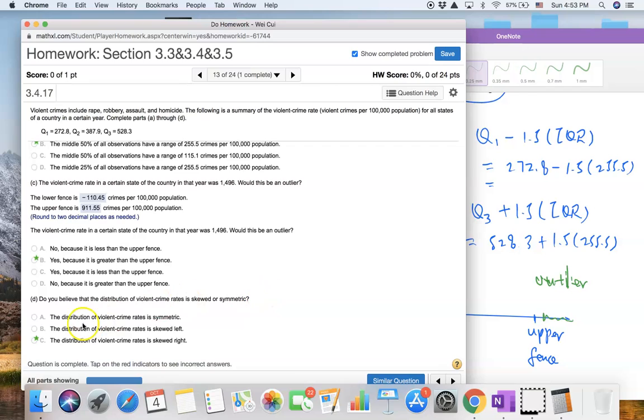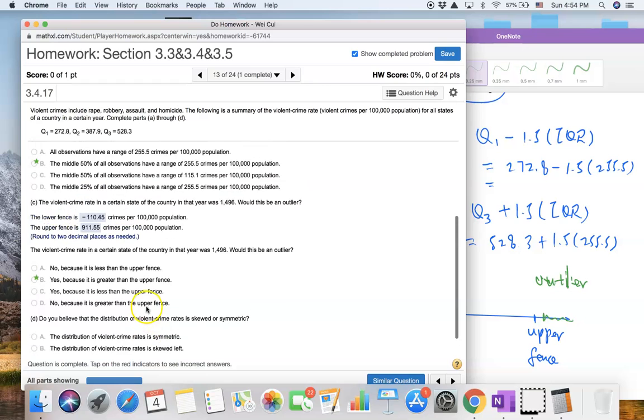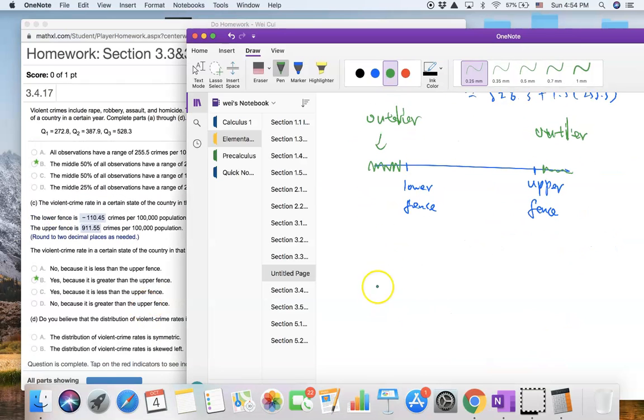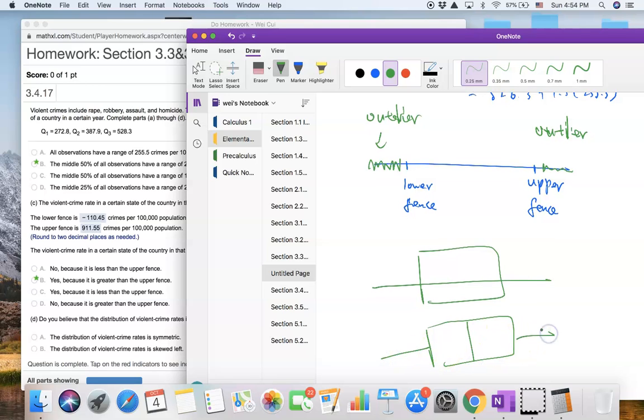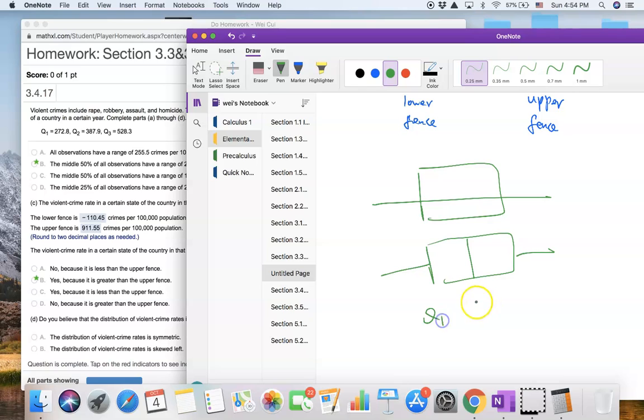Okay, and I guess some of you had a problem with part D. How to tell the shape of the distribution? Well, in class we said, if we look at the box plot, if the difference between Q2 and Q1 and between Q3 and Q2 are equally the same, then the distribution is symmetric.